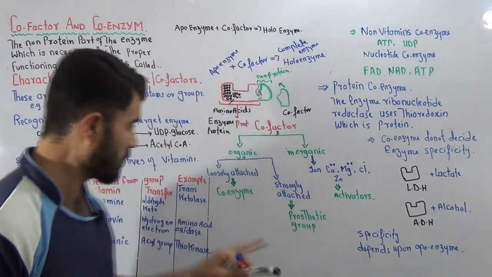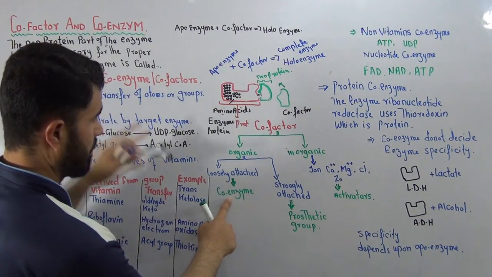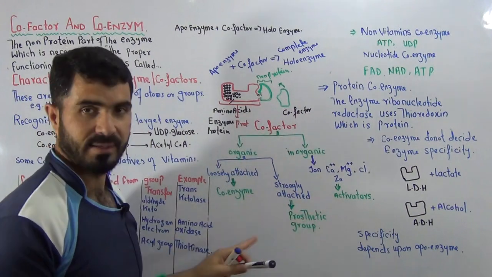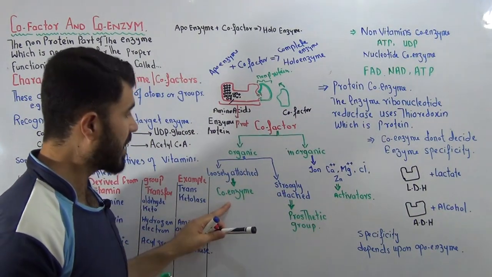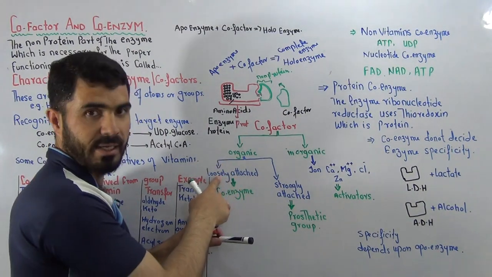Students get confused between these two terms, coenzyme and cofactor. Cofactor is a general term that can be anything, but coenzyme is a specific factor if it is organic and loosely attached.